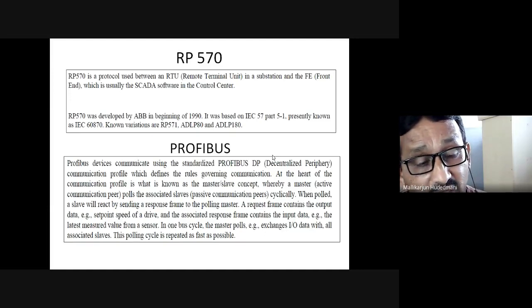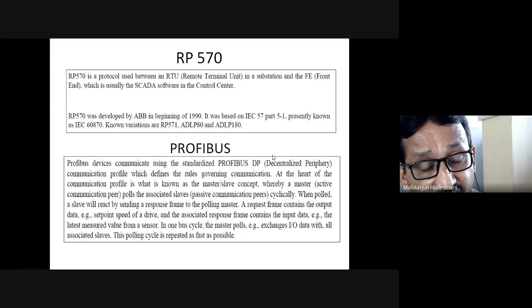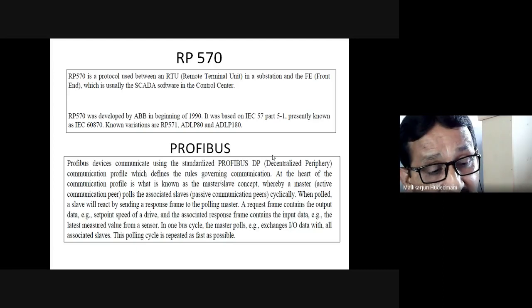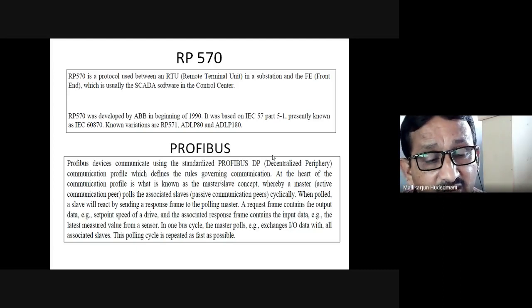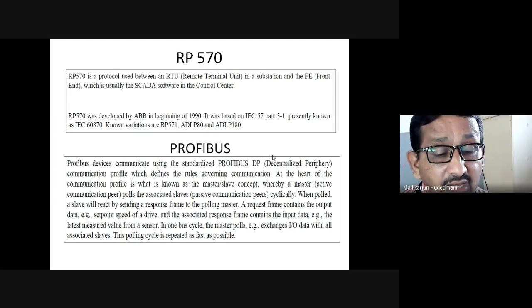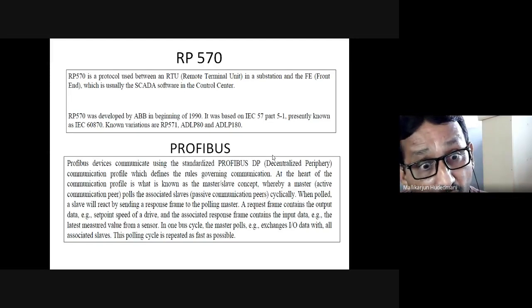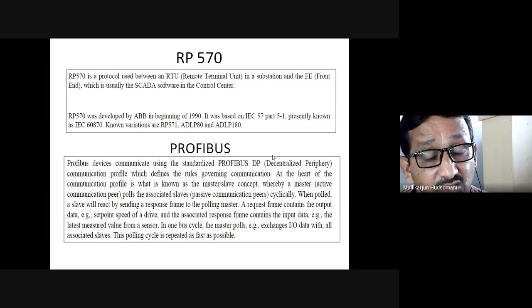In that way, the communication standards, terminologies and the width of data, all such things were defined in the standard RP570 for a zone, substation and equipment and front end only, not beyond the substation to the master unit.